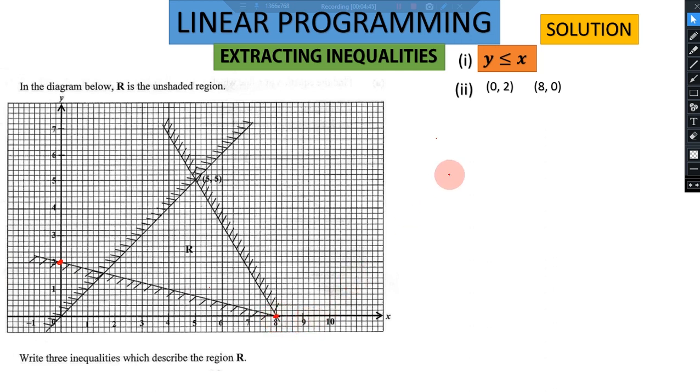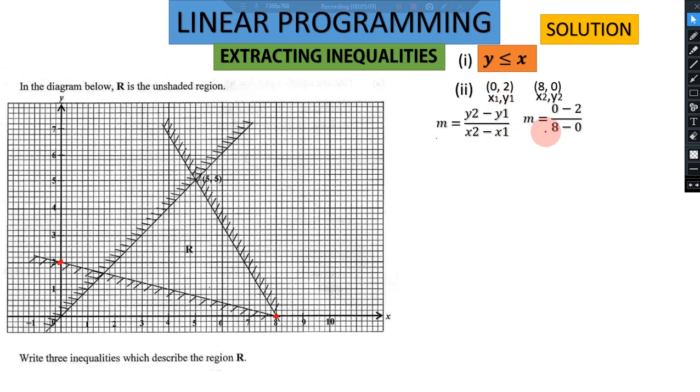From there we are going to find the value for gradient. Gradient is equal to what? Change in y over change in x. So we substitute the values. Where there is y2, put a 0. Where there is y1, put a 2. Where there is x2, put an 8. Where there is x1, put a 0. Then solve.